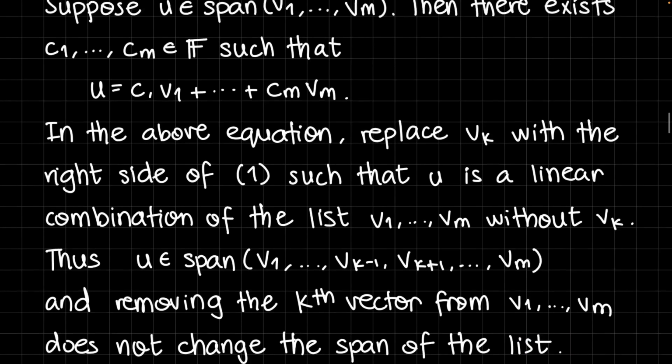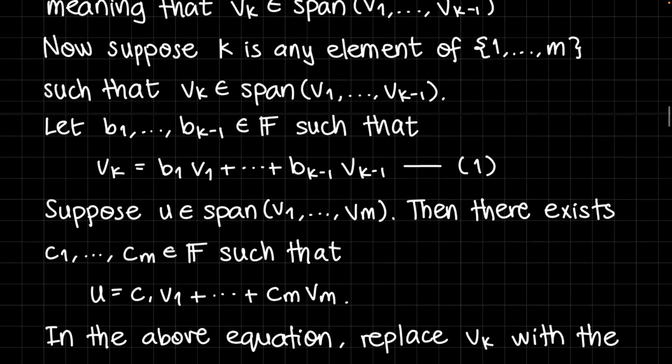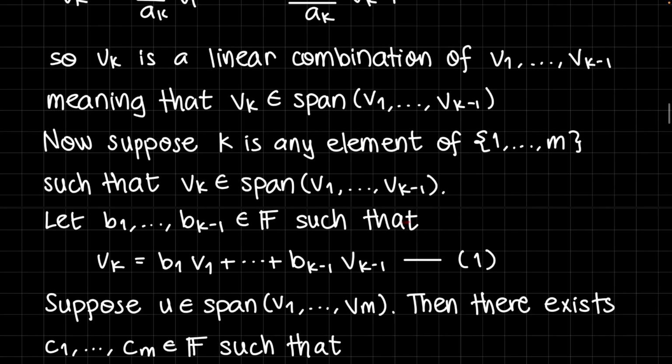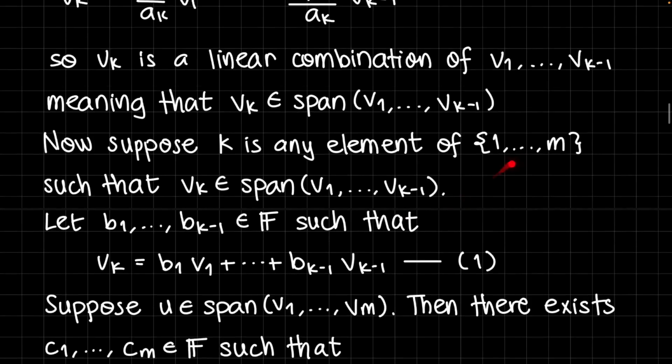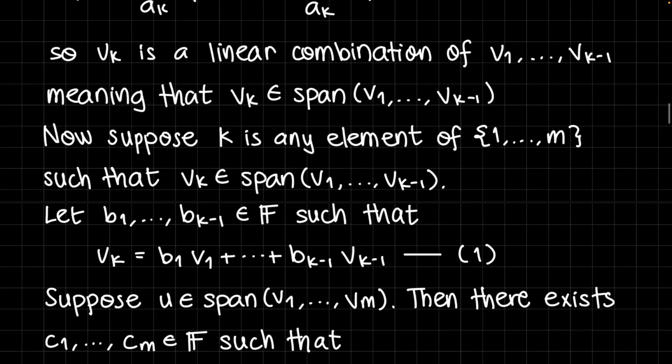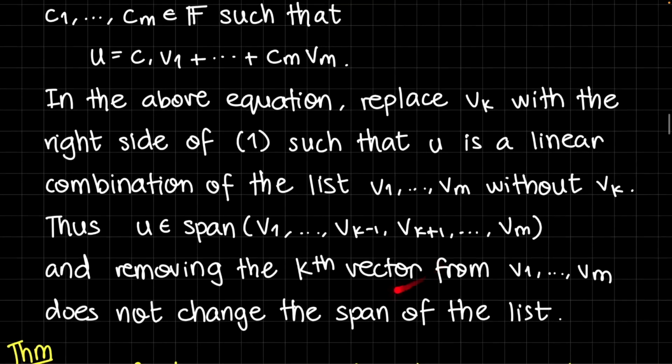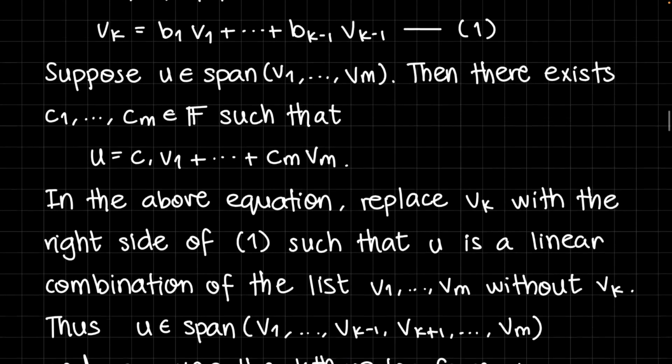That's it. So this was a relatively simple argument. We just chose k in a way that gave us the form that we wanted, and we also proved that removing that linearly dependent element does not change the span.